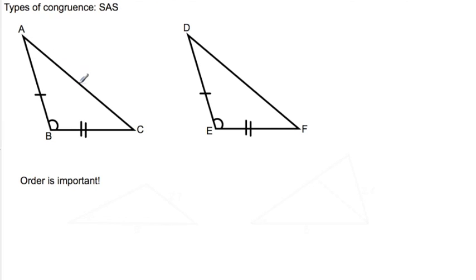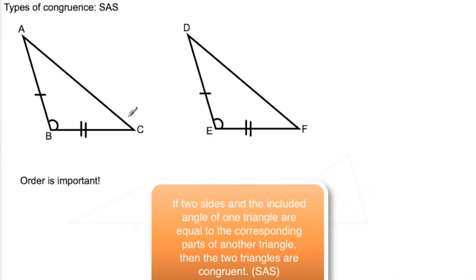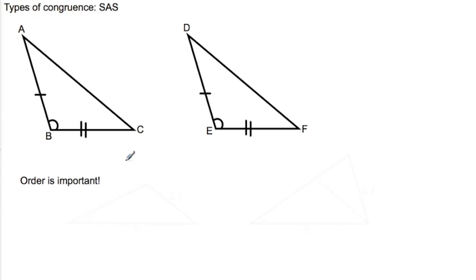Next, we have side-angle-side congruence. If 2 sides and the included angle of one triangle are equal to the corresponding parts of another triangle, then the 2 triangles are congruent. This is also known as the side-angle-side test.